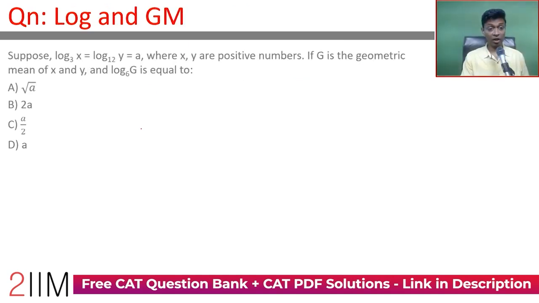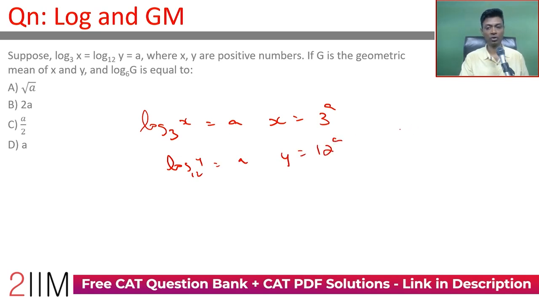Log x to the base 3 is a. Log y to the base 12 is also a, where x and y are positive numbers. If g is the geometric mean of x and y, the log g to the base 6 would be? Log x to the base 3 would be a, or x is 3 power a. Log y to the base 12 is a, or y is 12 power a.